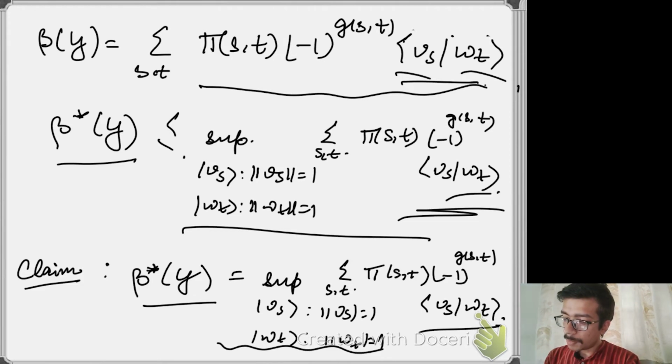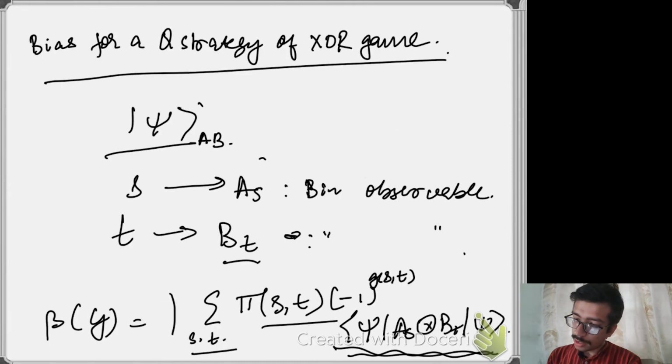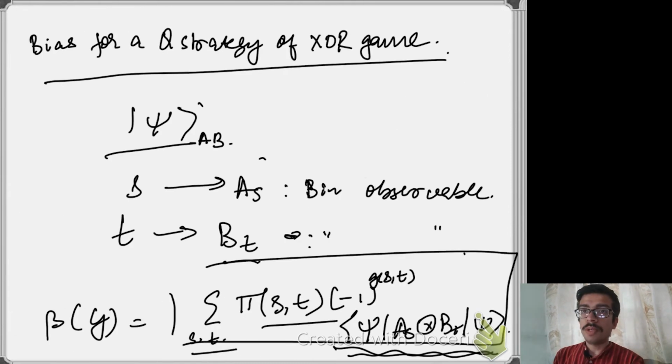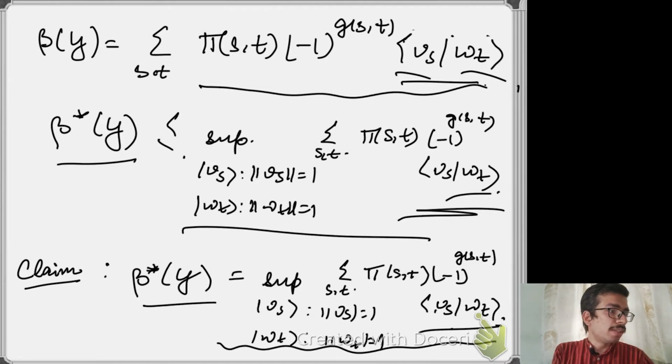This quantity is much easier to optimize, because here we are only optimizing over vectors, whereas earlier we would have had to optimize over AS, BT and psi, that is, over all possible observables. So we can restrict ourselves to optimizing over vectors itself. It looks strange that this should be true, but it is indeed true, and now we'll see the proof of this theorem.